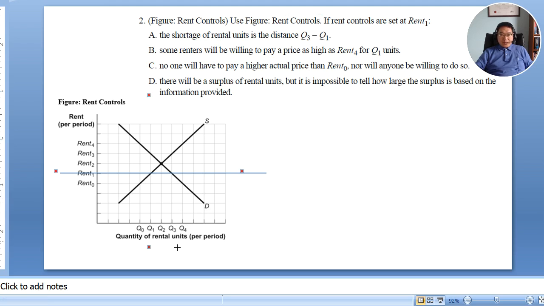Will there be a supply at Q3, quantity supplied into the market? No. Quantity supplied into the market is Q1 on the supply curve.